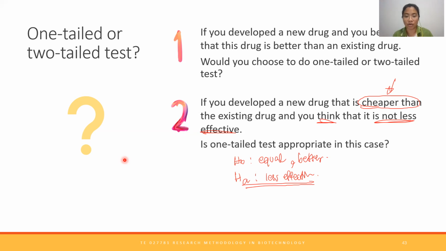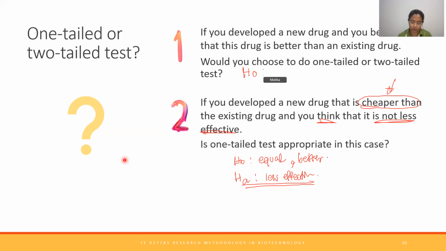So that's why your H-naught could be equal, the quality, the effectiveness is equal or better. But the thing that you want to become the alternative hypothesis is that it is less effective.